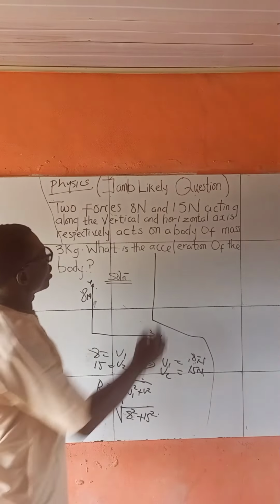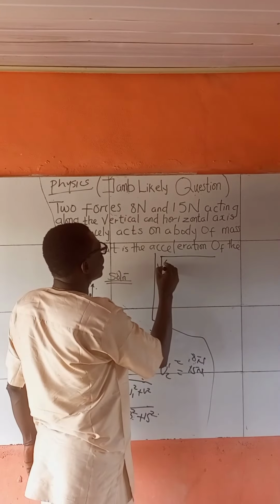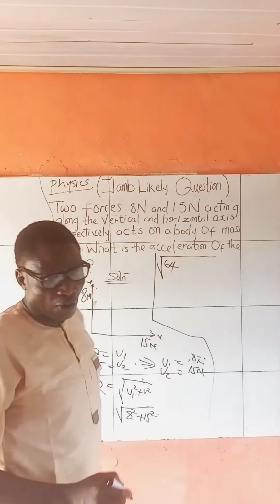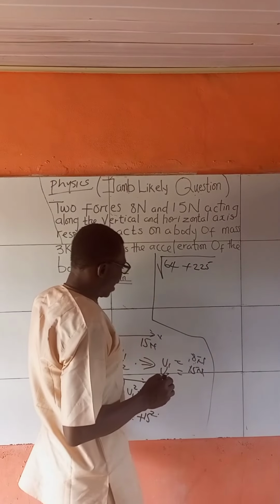Now, what is 8 squared? 8 squared is 64, so we have 8 times 8, that is 64. And 15 squared is 225.